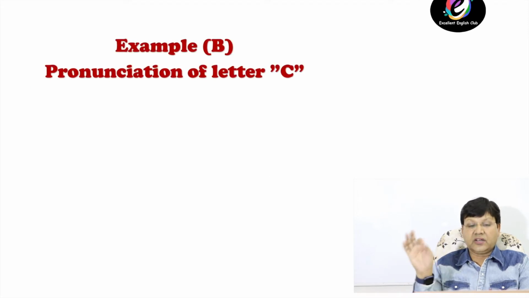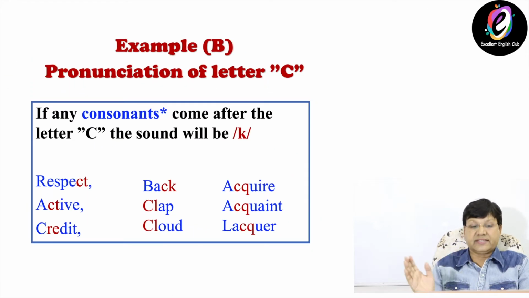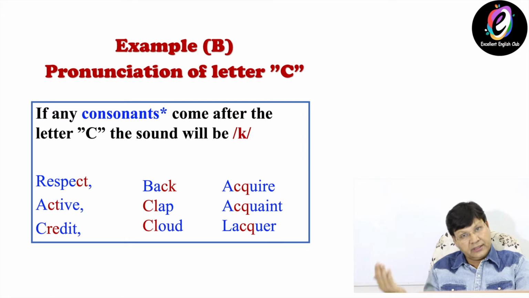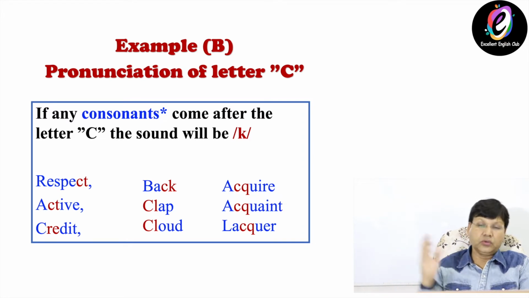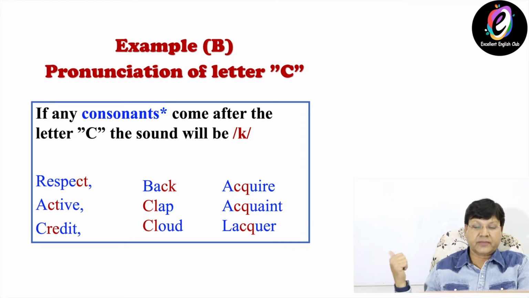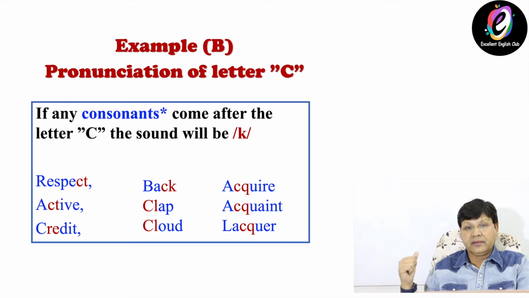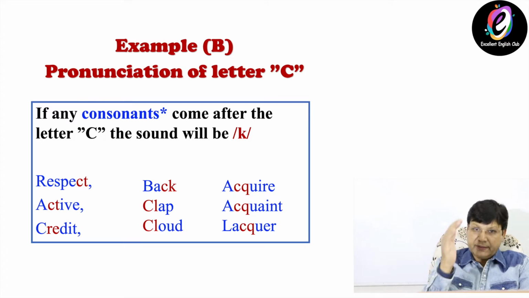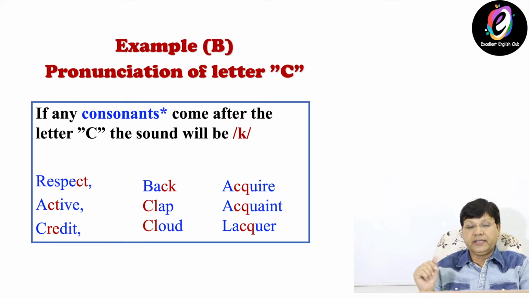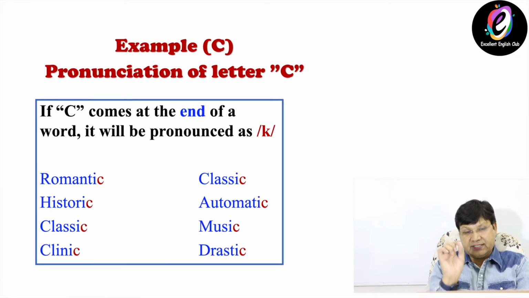The second example, if any consonant comes after the letter C, the sound will be again ka. How? Look here. Respect, active, credit, back, clap, cloud, acquire, acquaint, lacquer. These are the examples of consonants. Now move to the third point. If the letter C comes at the end of any word.